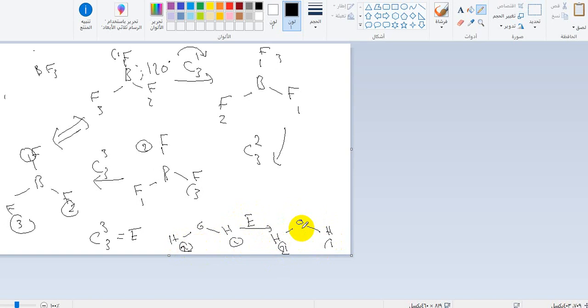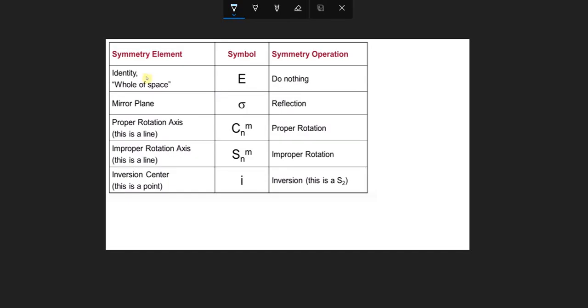Leave them unchanged. Okay, that's identity. Identity does nothing, the molecule is unchanged. And for proper rotation axis, we take now identity and proper rotation axis Cn^m.